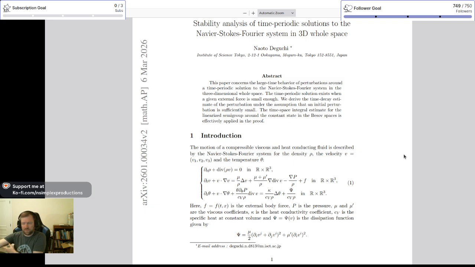Partial derivative with respect to t of ρ, that's the density, plus the divergence of the product of ρ and v is equal to 0 in R times R^3.